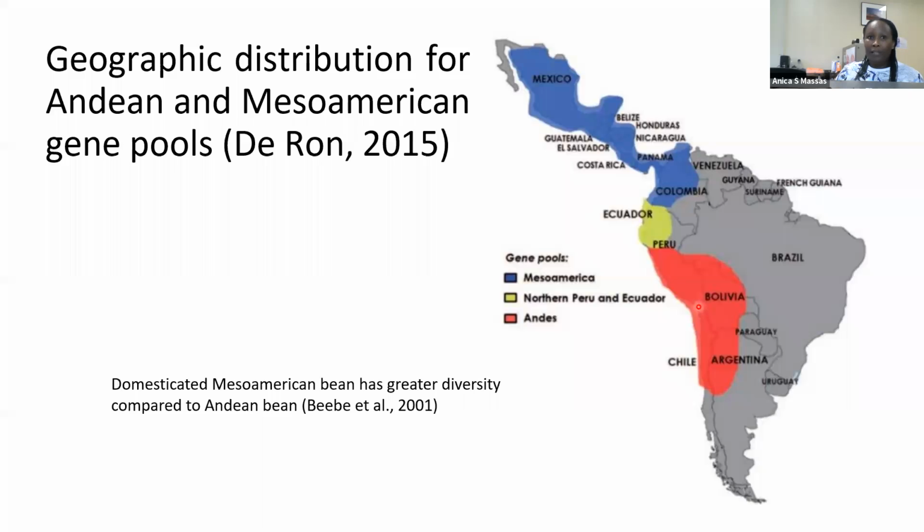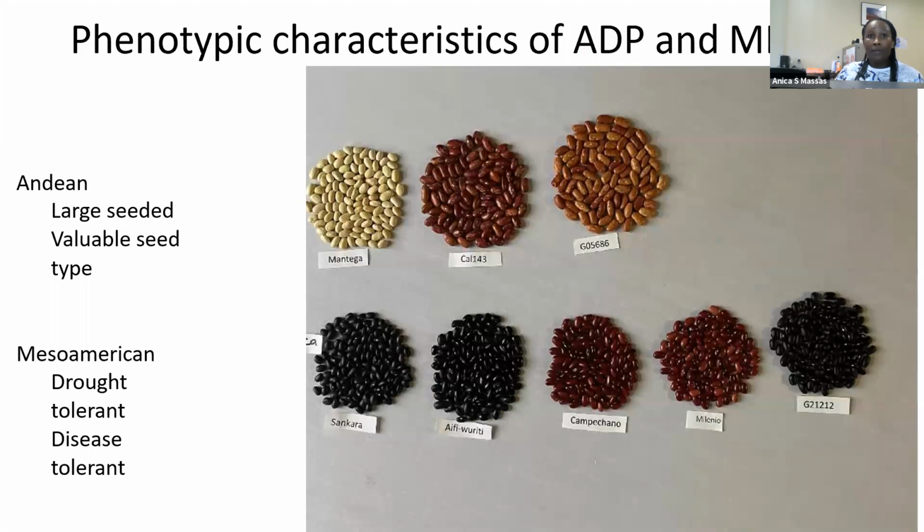And some studies find that the Mesoamerican beans have greater diversity compared to Andean beans. So let's see what the contrast is between these two gene pools.